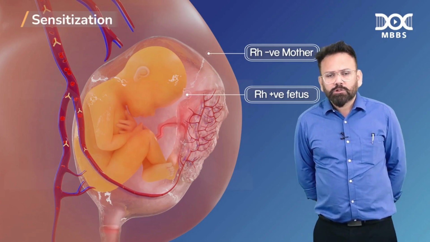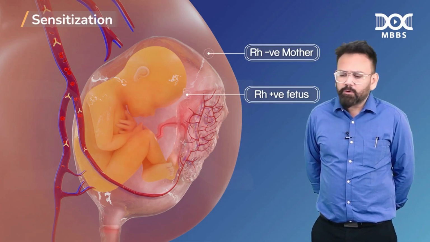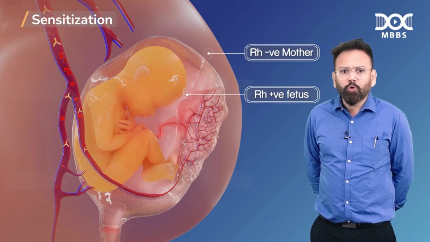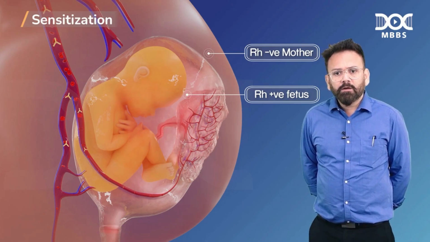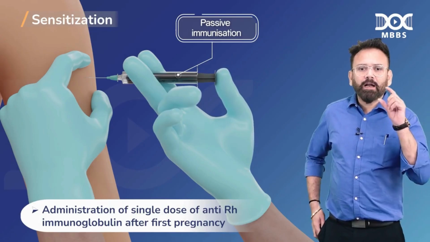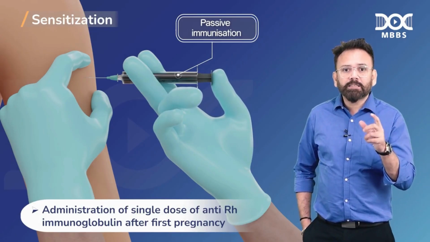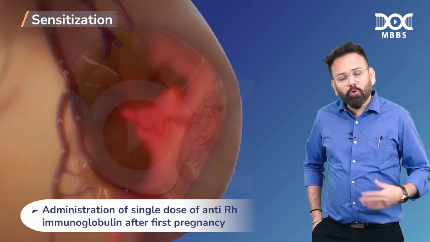Okay, so it is possible to prevent sensitization. Do you think there is no chance of having a second baby? No, there is a possibility to prevent this sensitization from occurring the first time by administering what? A single dose of anti-D serum, that is anti-Rh antibody in the form of Rh immunoglobulin, during the postpartum period.